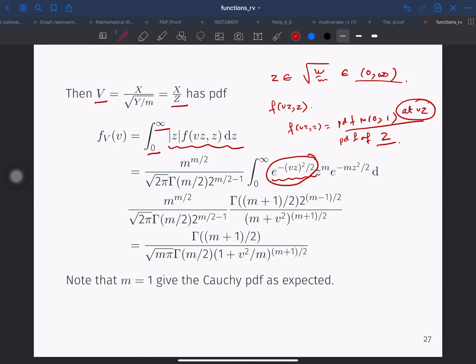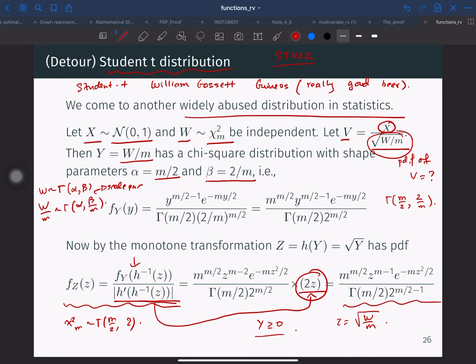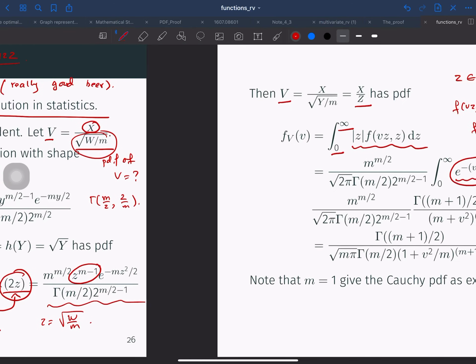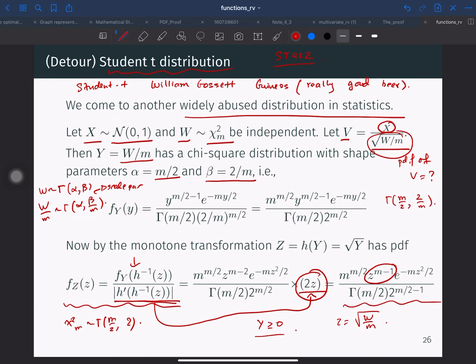The PDF of Z is this part here, with Z to the m minus 1, but when you multiply it with Z here, that becomes Z to the power of m. Then you have the second part, e to the minus mz squared over 2.